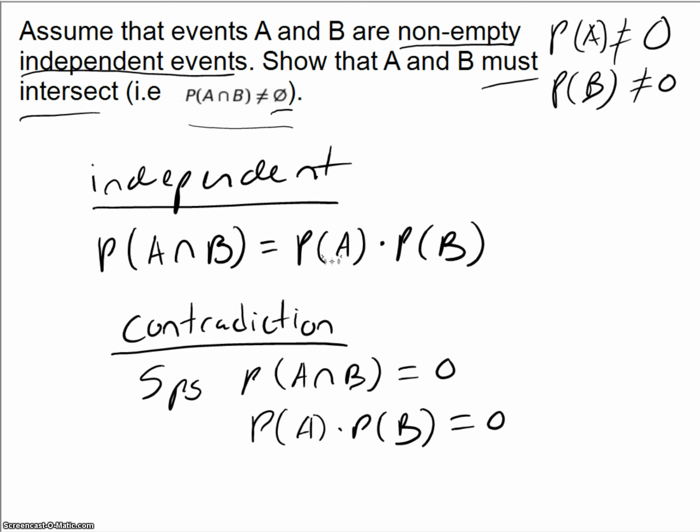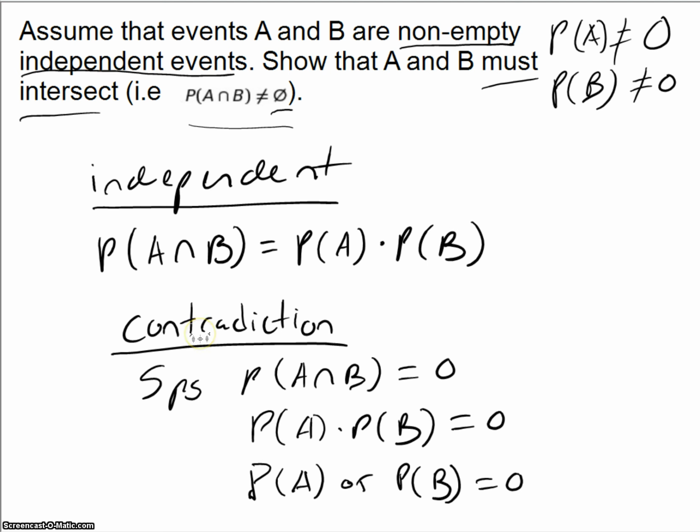They're the same thing. Now, if you have two things you're multiplying and it equals zero, then it also means logically that either the probability of A or the probability of B, or both, have to equal zero. But notice what happened.